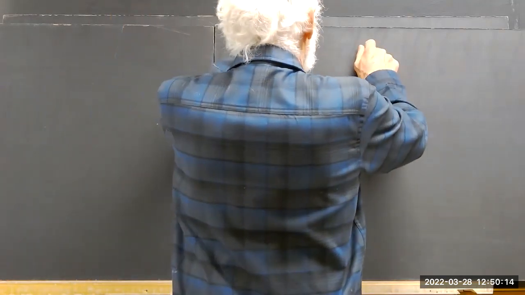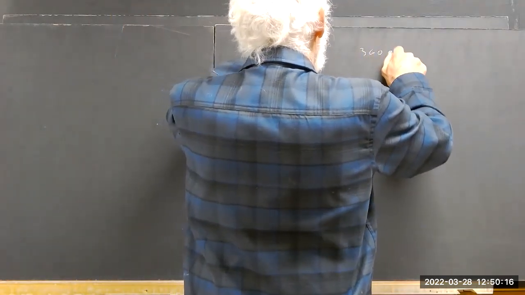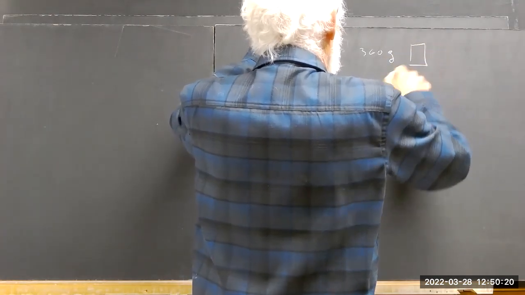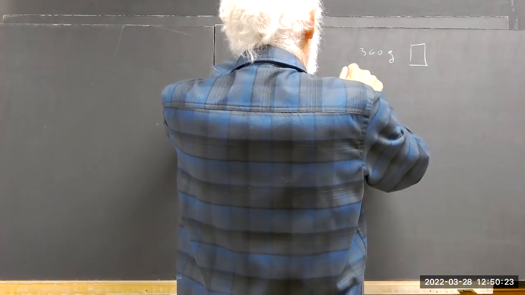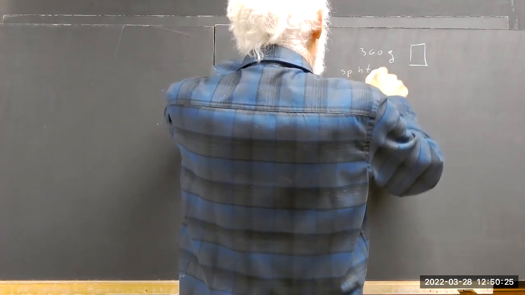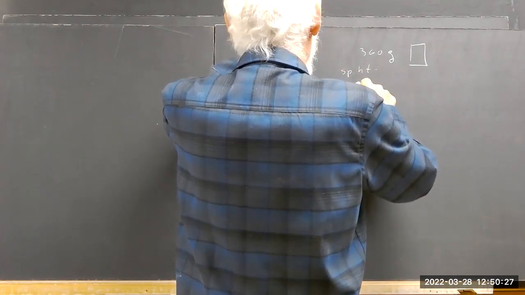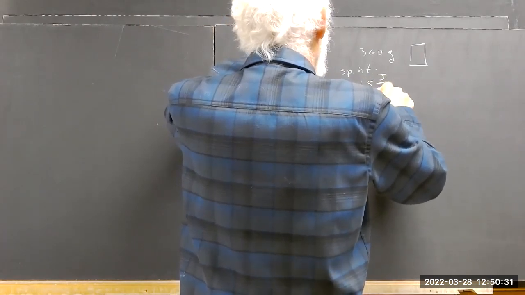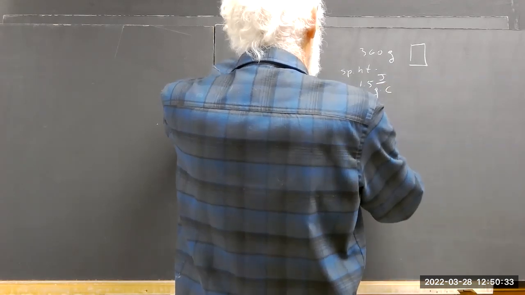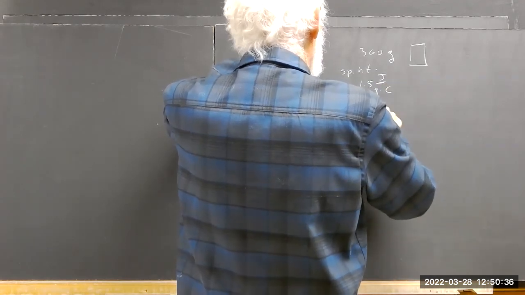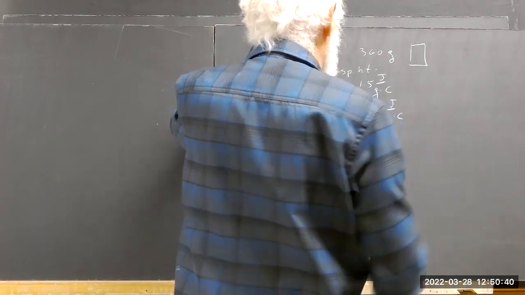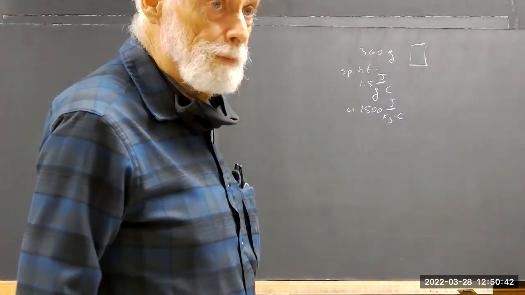Okay, so we've got 360 grams of some substance. Specific heat is 1.5 joule per gram Celsius, or 1,500 joules per kilogram Celsius.